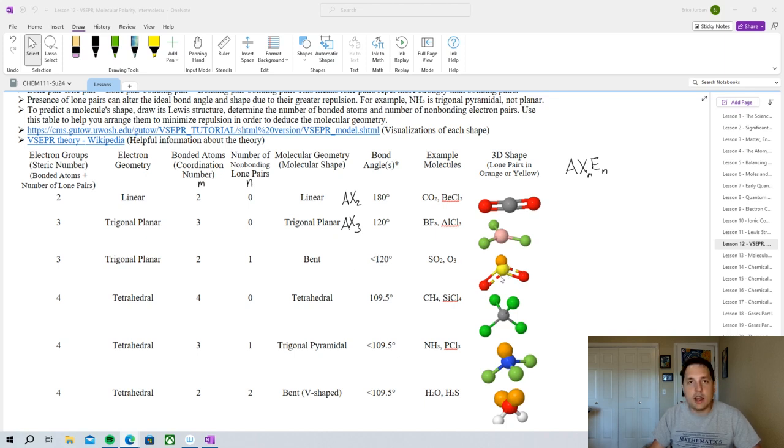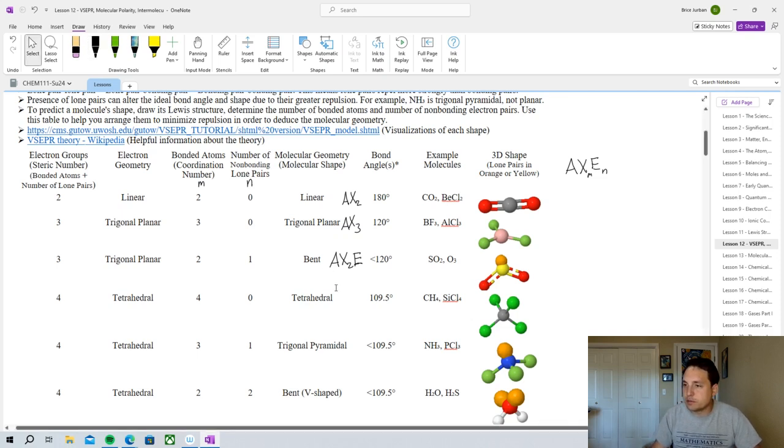As we get to a bigger and bigger atom in the center, that will have a larger and larger effect, so the bond angles will get smaller and smaller. All right, so this notation would be AX2E for 2 bonded atoms and 1 lone pair on the central atom. So the A just represents the central atom.